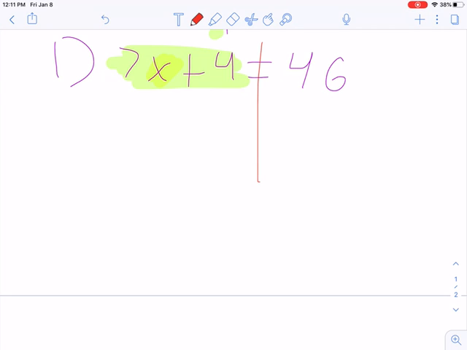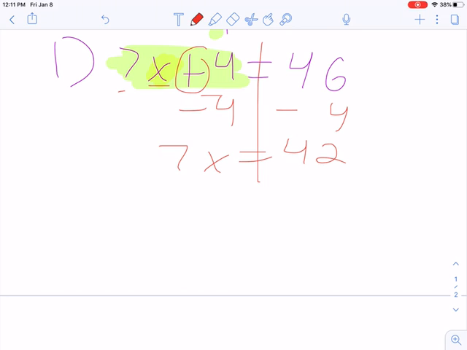In order to get the x by itself, I have to get rid of the 4 and I have to get rid of the 7. Right now the x and the 7 are combined, right next to each other. So in order to get rid of the 4, which I'm adding, I'm going to subtract 4 from both sides. So I have 7x is equal to 42.